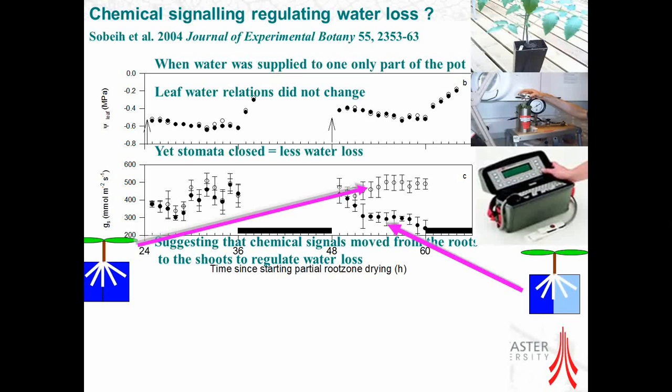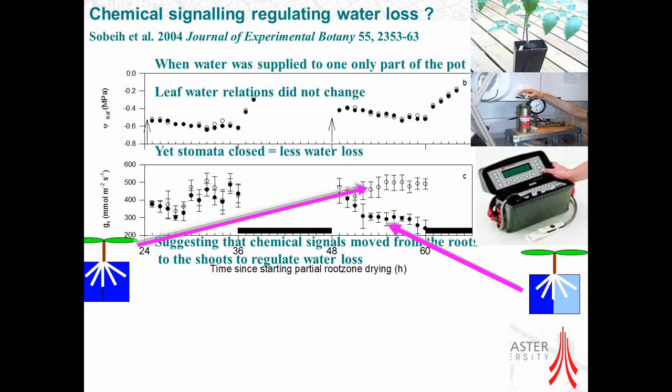We made a series of measurements, including at the top there, measurements of leaf water potential with a pressure chamber. And you can see that there is no difference in leaf water potential between these two sets of plants. Now, if any change in physiology was governed by water potential, you might expect there to be such a change in leaf water potential.